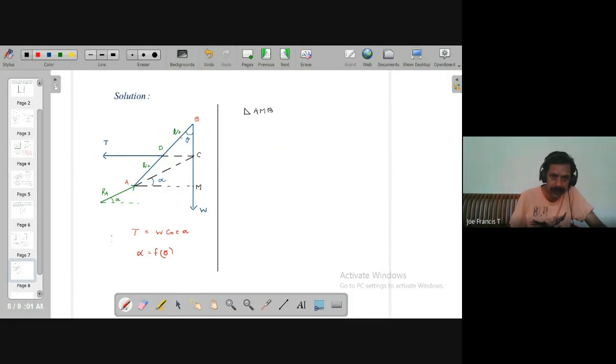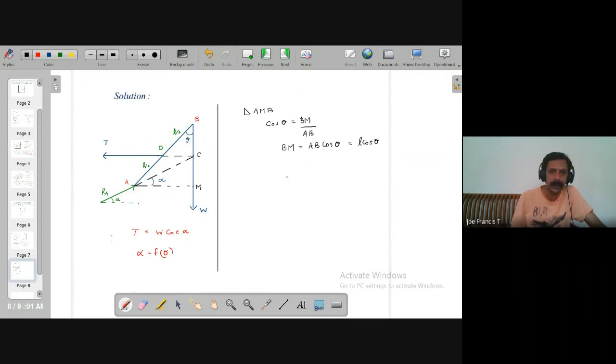Cos theta is adjacent side by hypotenuse, so BM by AB. So we'll find BM as AB cos theta. AB is the length of the rod, so AB is L. So L cos theta.